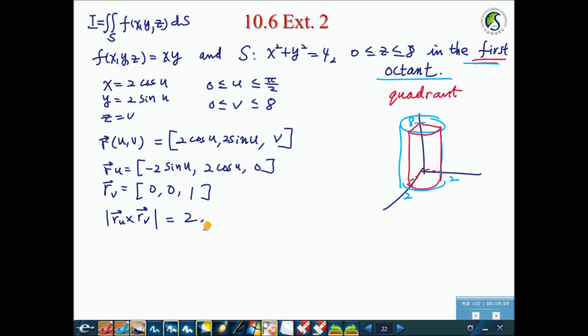It's 2. So the integration will be from 0 to pi over 2, 0 to 8, of 2 cosine u times 2 sine u times the Jacobian 2, dv du. The answer is 32. This is a simple double integral, so you can do that.